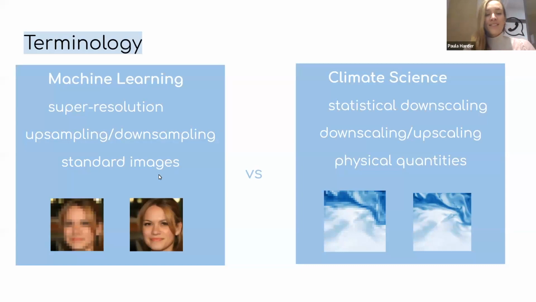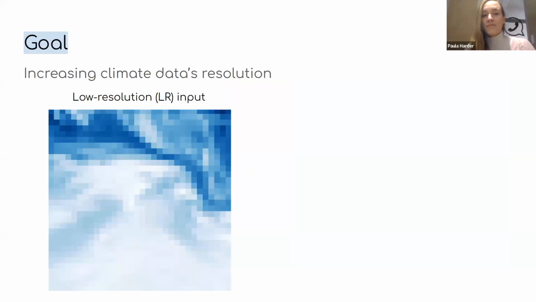In machine learning, it's more common to look at standard images, and then we have physical quantities for statistical downscaling. There are also a couple of different setups for statistical downscaling, but we now just look at the equivalent of the super resolution one. What happens in most areas is that new methods within ML for super resolution are applied in climate science with a bit of lag, and that usually works very well. We have some low resolution input, and we want to increase the resolution.